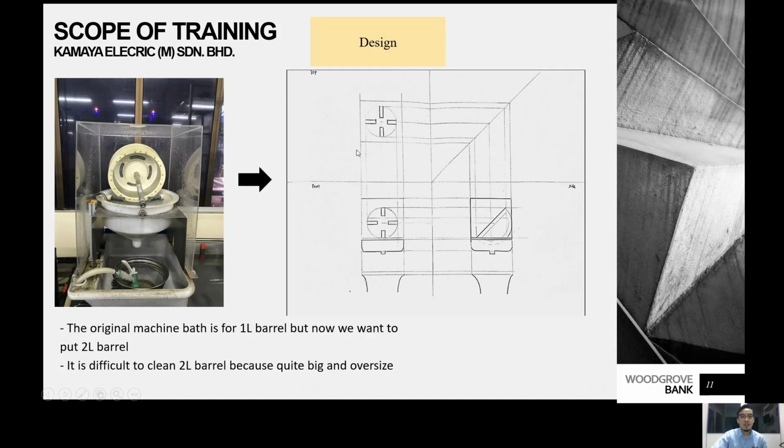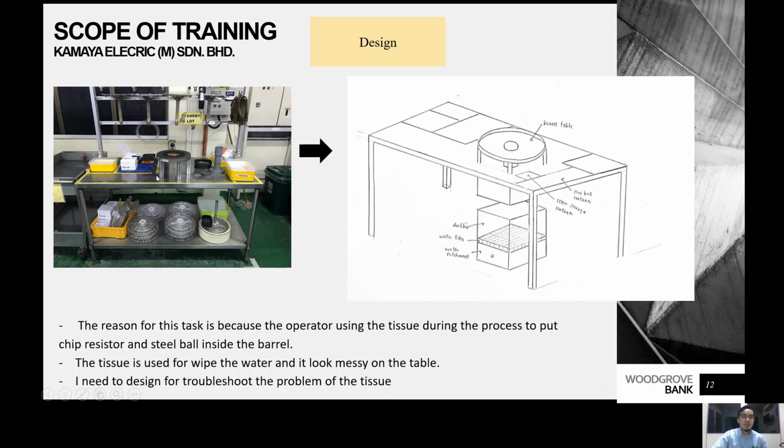This is my design for the table. When the operator uses this table, the operator uses tissue during the process to put the chip resistor and silicon inside the barrel. The barrel is put in the water trolley.